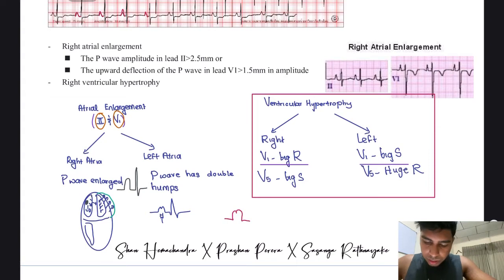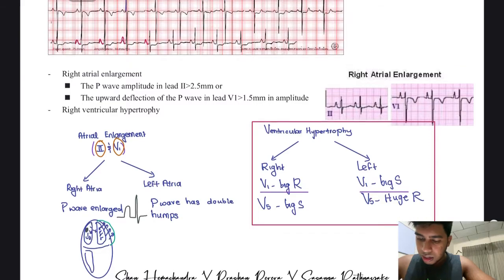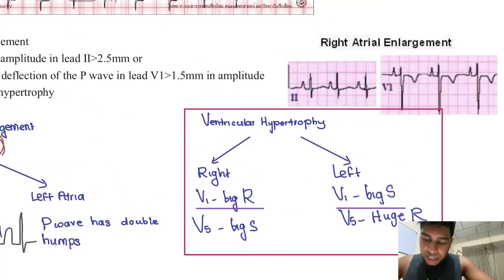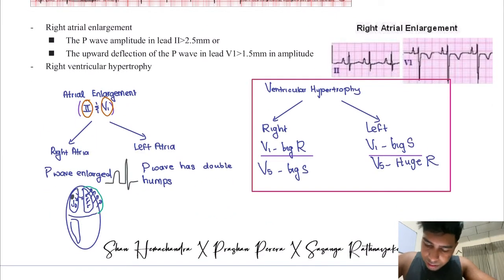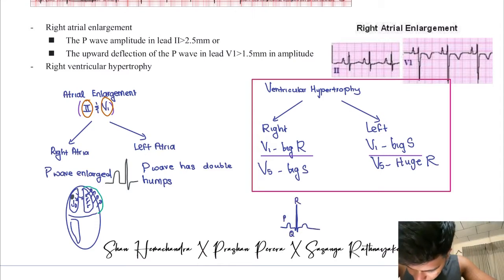I will not go into atrial hypertrophy much, but when it comes to ventricular hypertrophy, in right ventricular hypertrophy, you get a big R wave in lead V1.